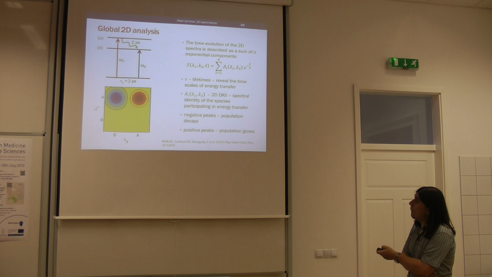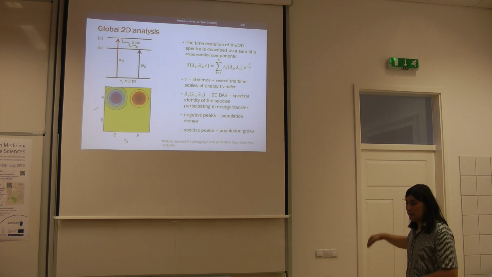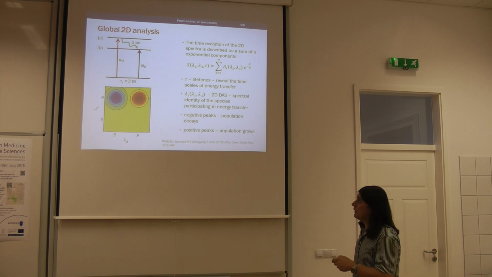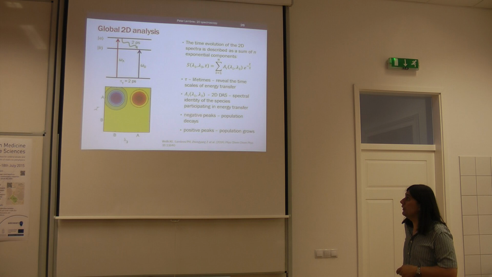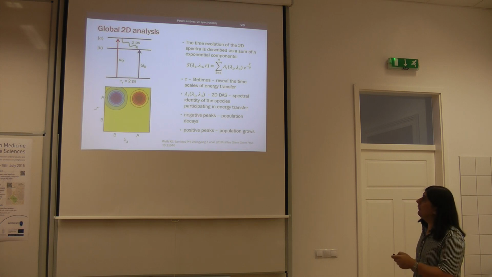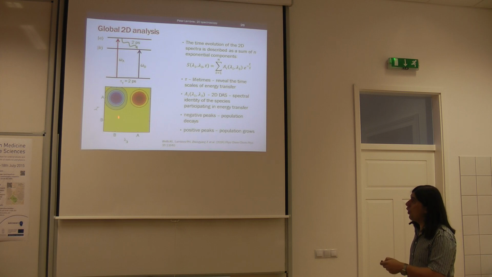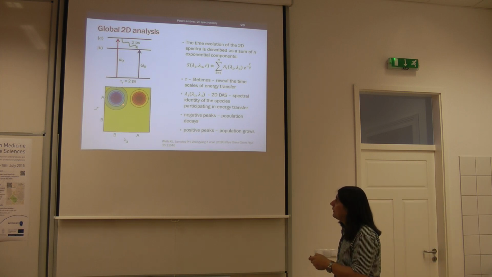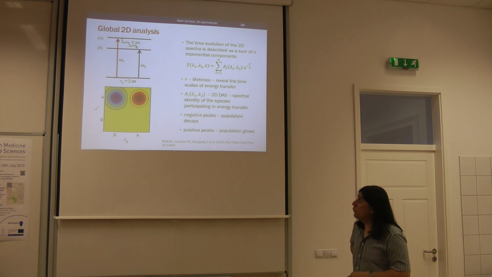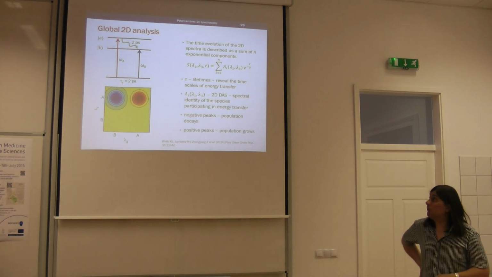That is, we take every point in the spectrum and fit its time evolution with some exponential components, and this is done globally, so all of them are linked. Then we get a set of lifetimes which are common for the whole system, and we get the pre-exponential amplitudes, which are what we call the 2D decay-associated spectra.